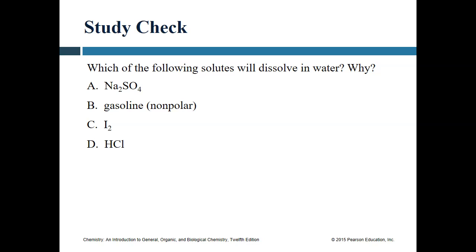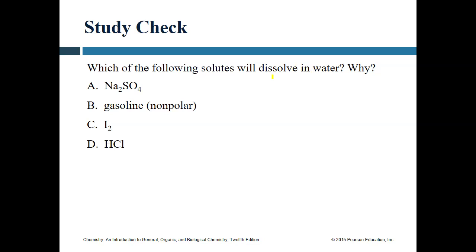It is polar. So water's polar. So if we're looking for things to dissolve in water, we're also looking for other polar substances. So we're either looking for things that are ionic or things that we know to have electronegative kinds of pieces on them, like oxygen, fluorine, nitrogen, sulfur, those kinds of things.